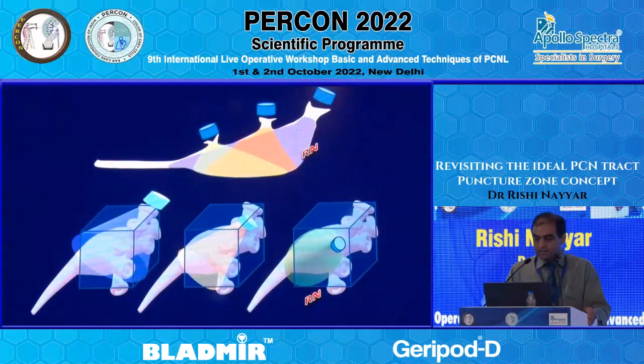And this concept has already been told to you earlier during the demonstration of the surgeries, that when we access the superior calyx, the manipulation zone available within the pelvicalyceal system is the largest. It is midway for the middle calyx, and the lower calyx provides the smallest manipulation zone available within the pelvicalyceal system.